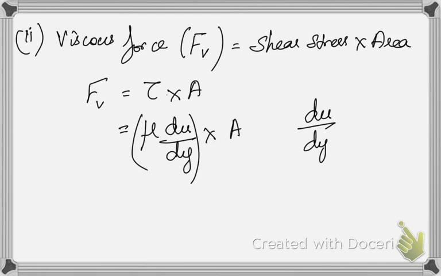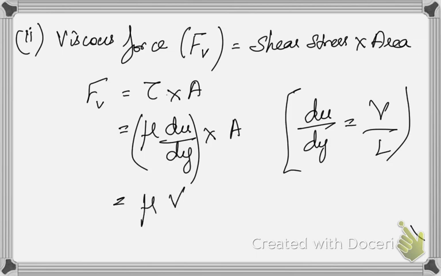You might remember from the first class when we took the viscosity chapter, or you can go back and see. du by dy is nothing but velocity by length. So it becomes mu into V by L into A. So my viscous force is nothing but mu V by L into A.